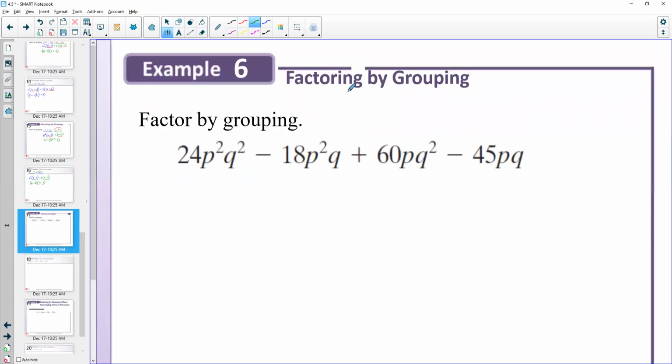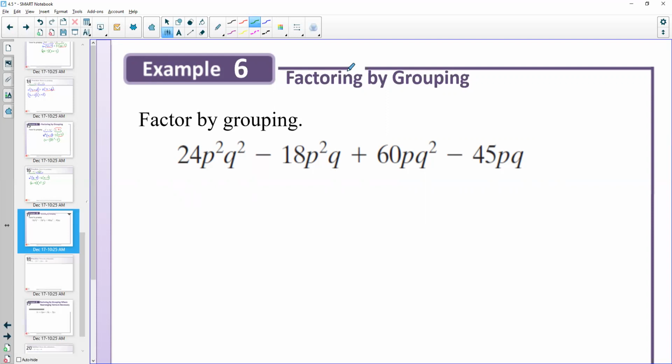This one is ugly looking, but it's not as bad as you think it is. Just take it one thing at a time. Do you see a common term? If you do, pull it out. Okay, so I see that everybody here is, well, actually, everybody's divisible by 3, right? Yep.